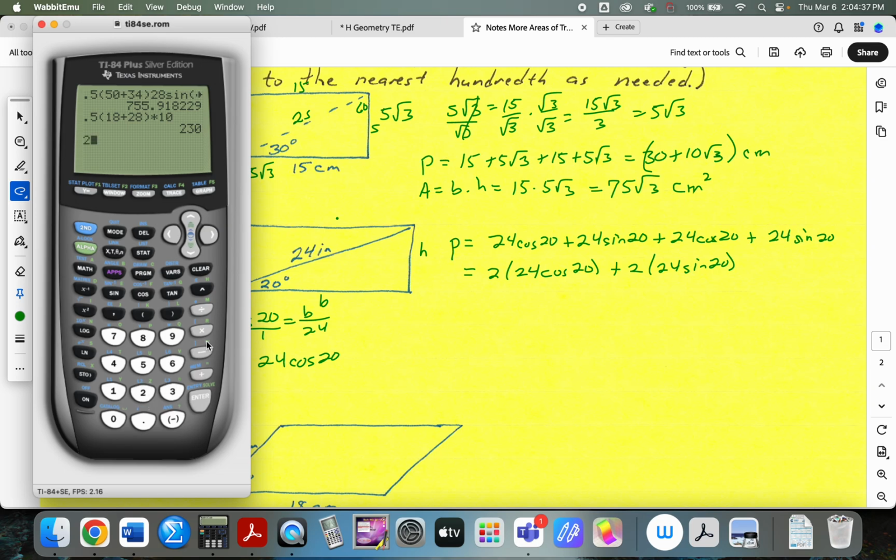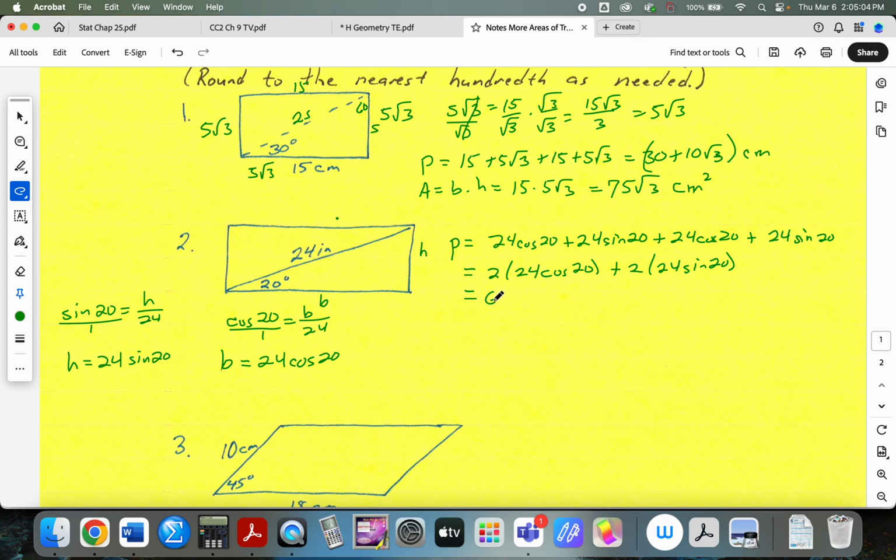So we've got 2 times 24 cosine of 20 plus 2 times 24 sine of 20. Be sure that you close the parentheses after that cosine of 20, otherwise you're going to get an answer that doesn't make any sense at all.